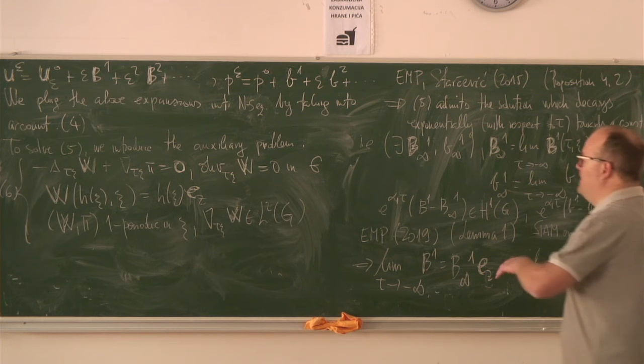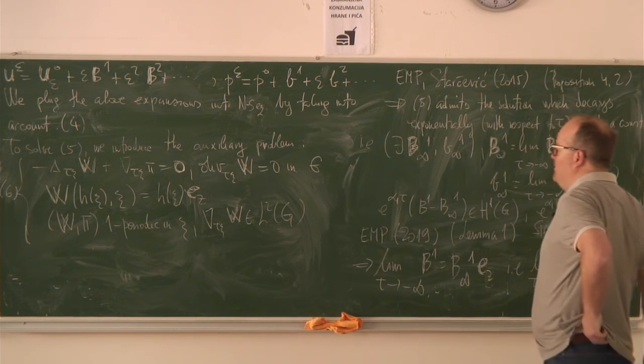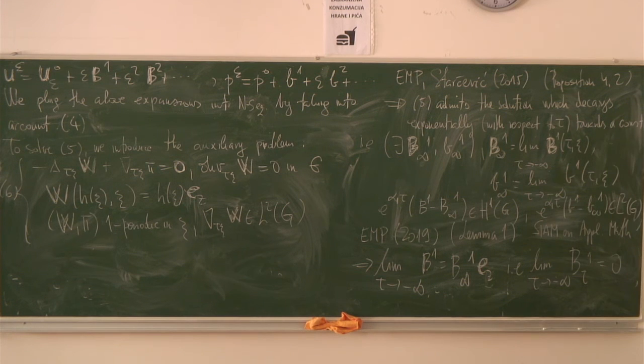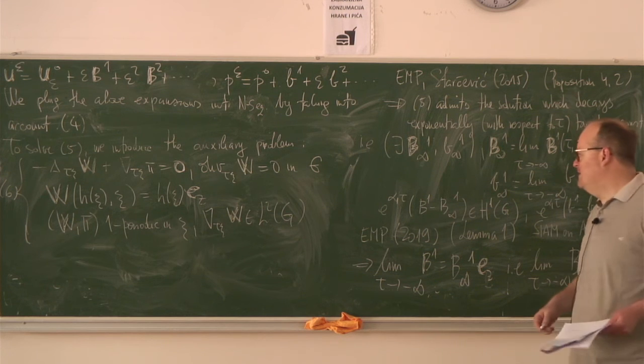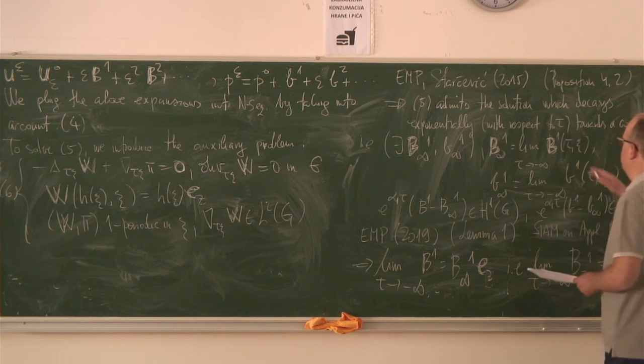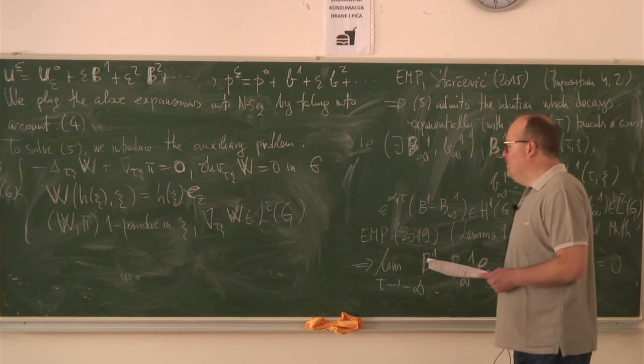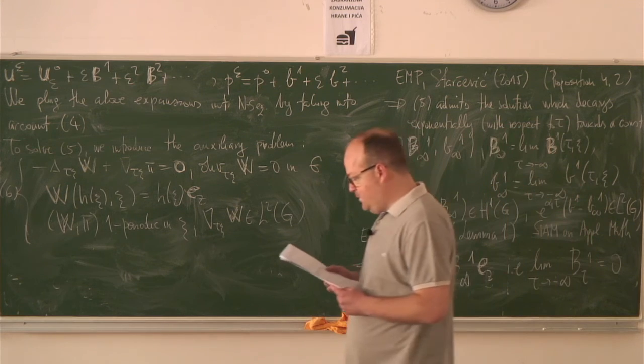And if you compare this problem with problem 5, you observe that it has the same form, and that's why we can again apply this result to conclude that it has a solution which possesses exponential decay with respect to this fast variable, and that it tends to a constant in this way.